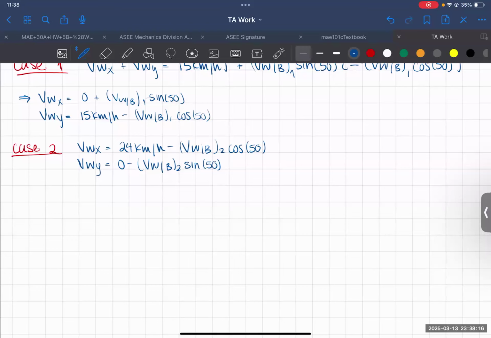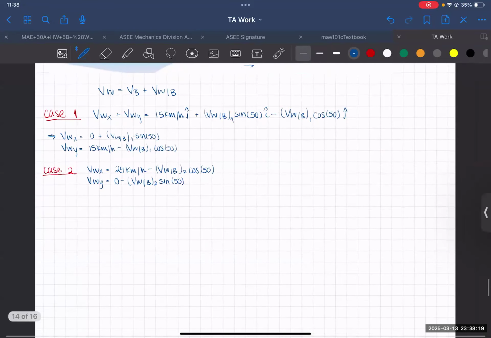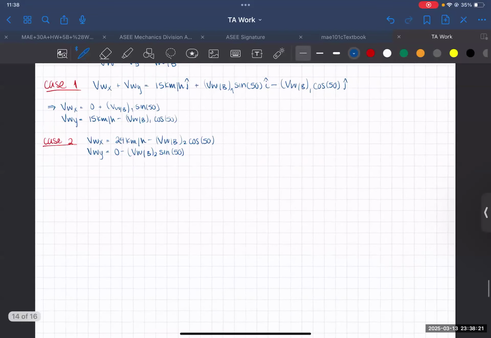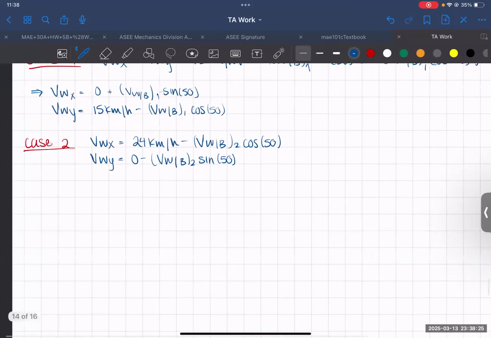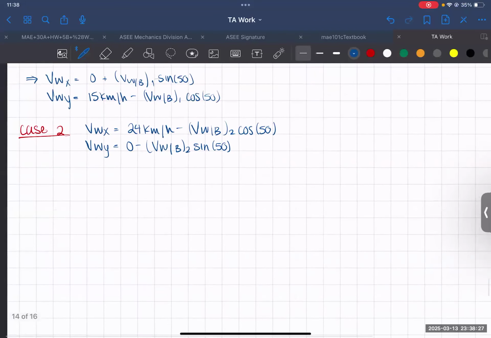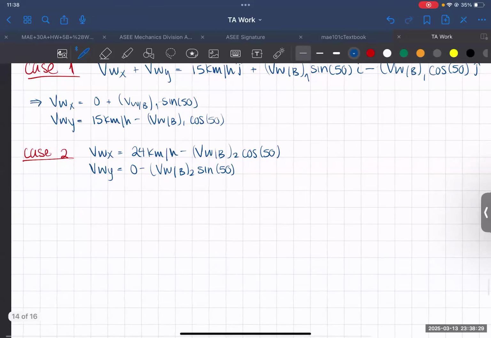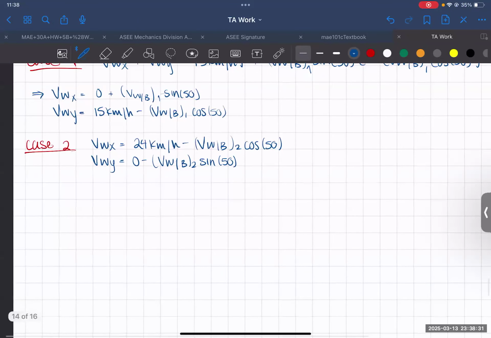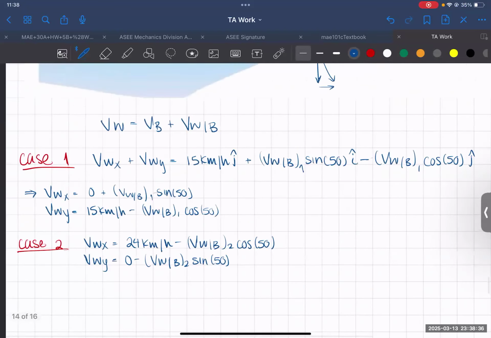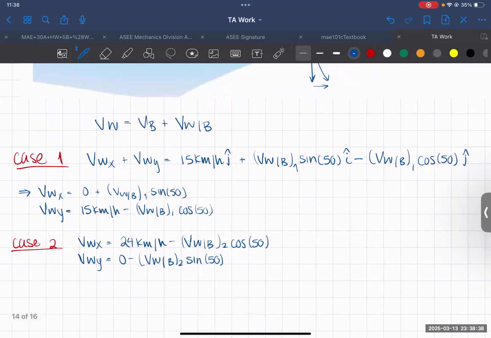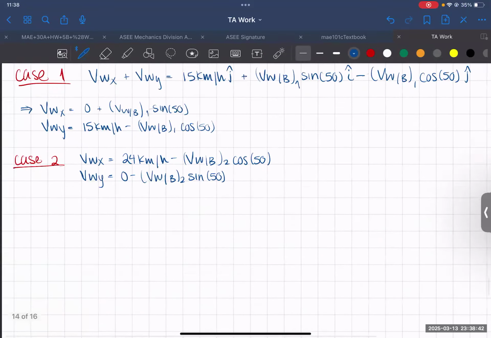So we just plug and check in this case. So after doing so, we get the velocity overall. So this is for everything, both x and y component, 2 cases.